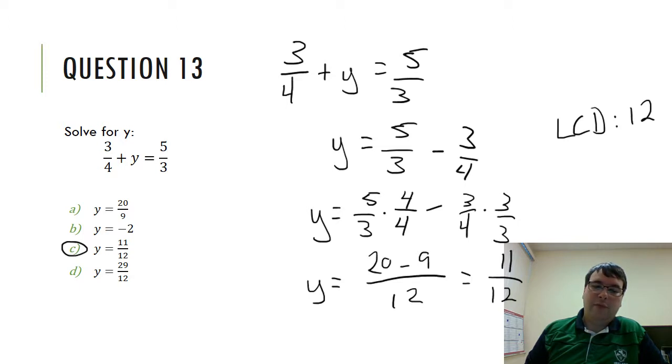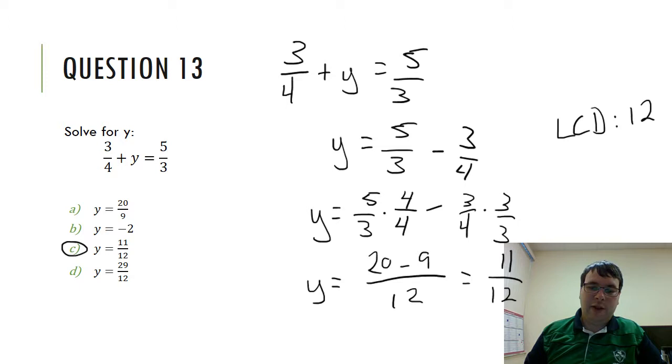I know I have to multiply this term by 4 in the denominator, but what I do to the bottom, I also must do to the top. Let's do over here. We have 3/4. I have to multiply this by 3/3 to get that 12 as my common denominator. So, looking at this again, let's clean it up.